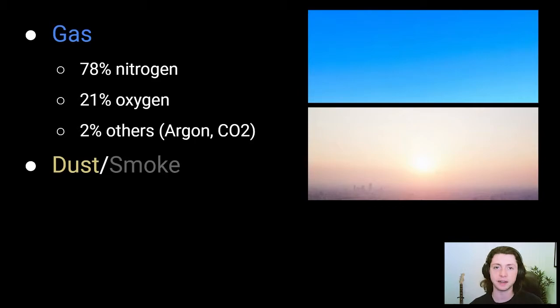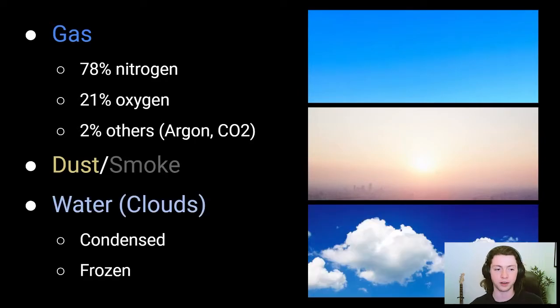And then finally, there is water in the sky, which you would probably recognize as clouds. Clouds are just droplets of water that have been either condensed around dust particles or have frozen and are little ice crystals that move around.